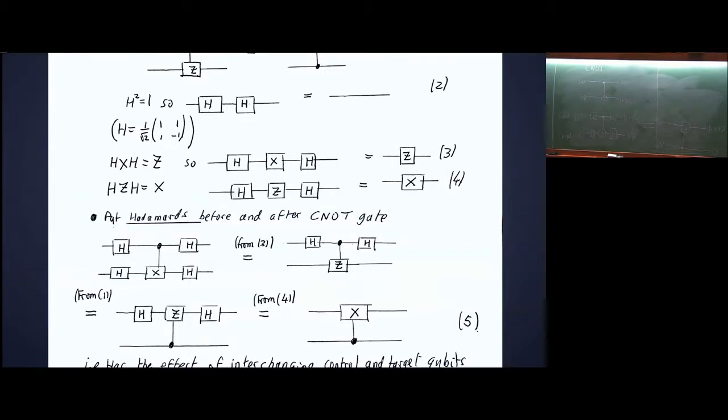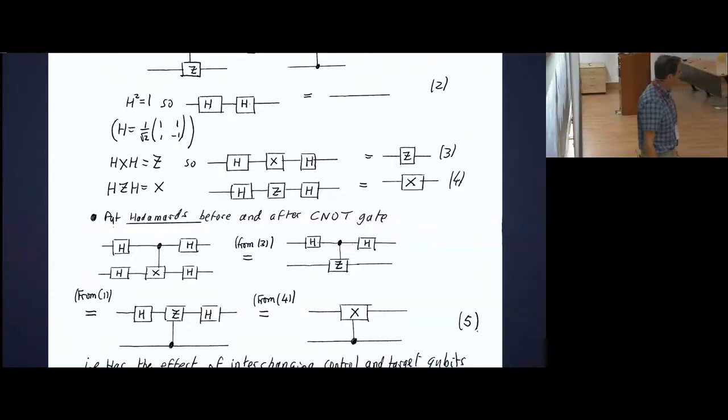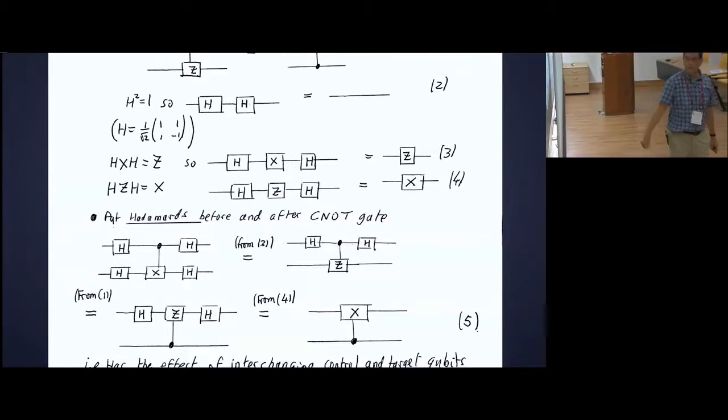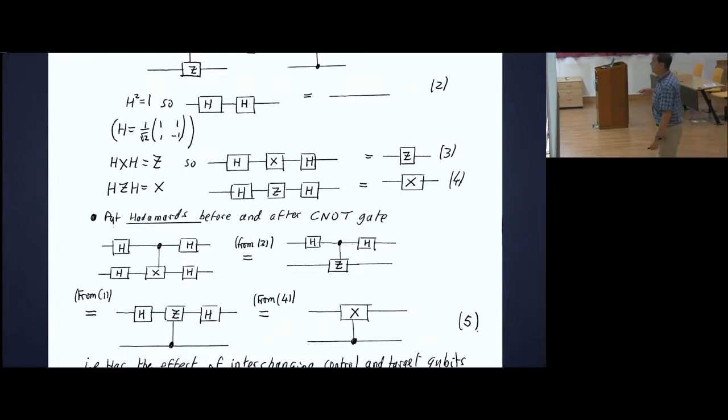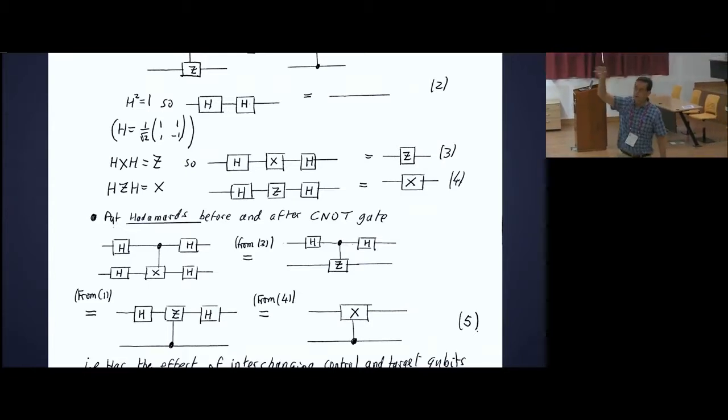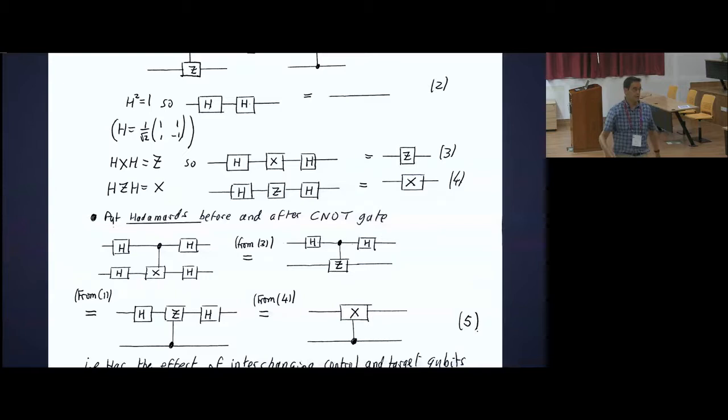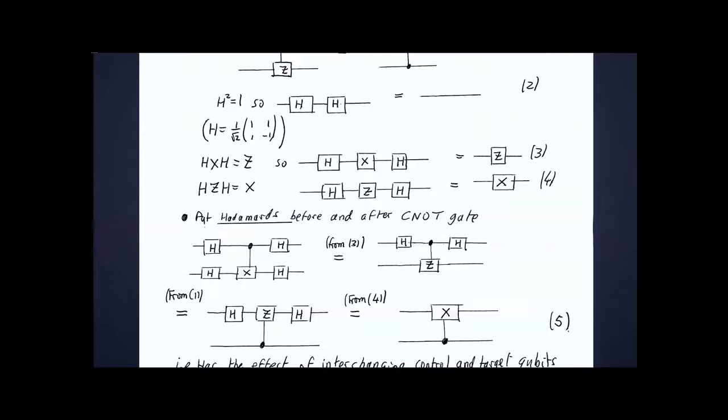The control NOT is a 4x4 matrix. The two Hadamards is a 4x4 matrix. So you can figure out what those 4x4 matrices are. You can multiply them together, and you will end up with something equivalent to a control NOT, but with target and control bits interchanged. This, I think, is much easier than figuring out those 4x4 matrices and multiplying them together.